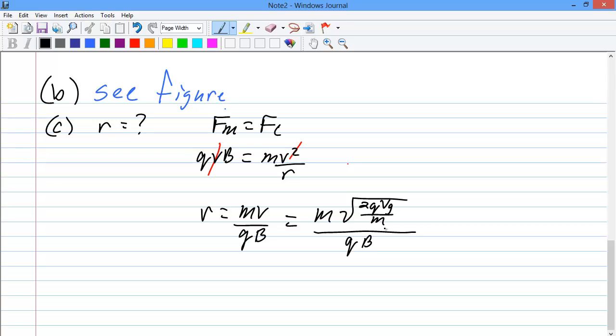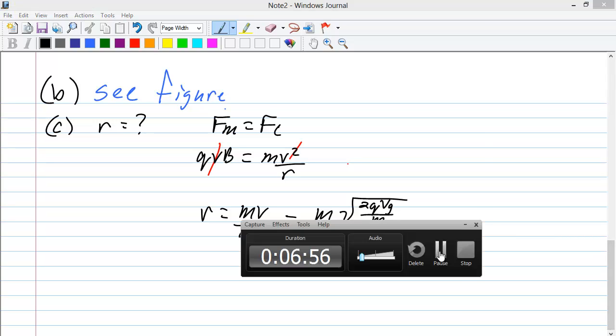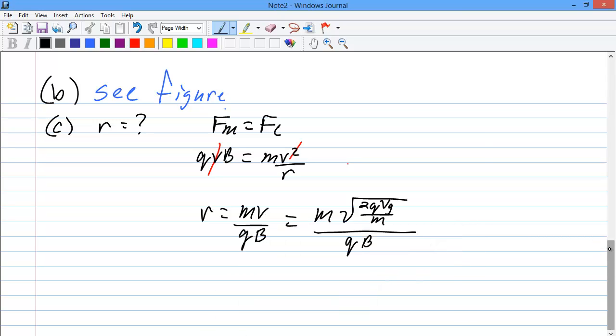And if I wanted to clean it up a little bit, I could just as well plug the m into the square root sign.